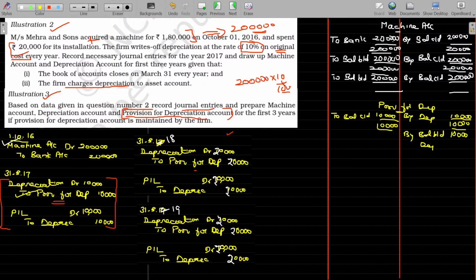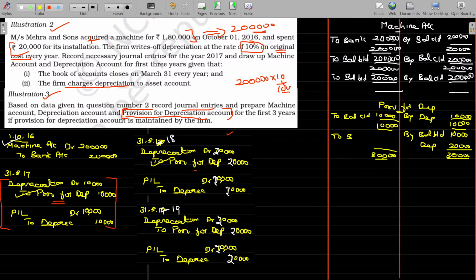Second year again, I am going to calculate the depreciation 20 for the full year. Provision for depreciation by depreciation. Now the accumulated depreciation is 30. The balance in provision for depreciation being 30 here.